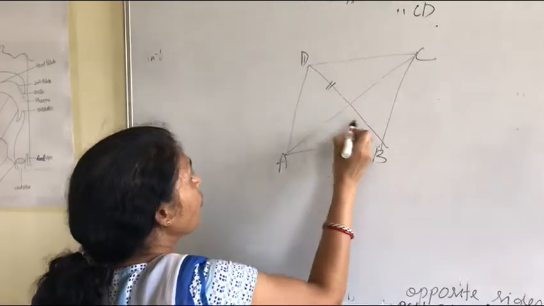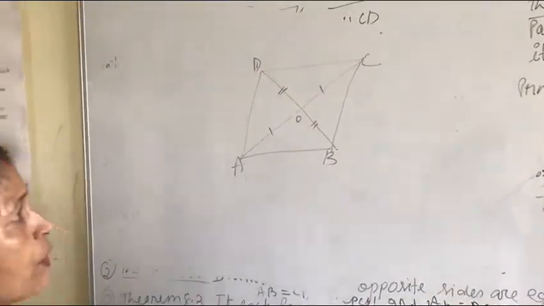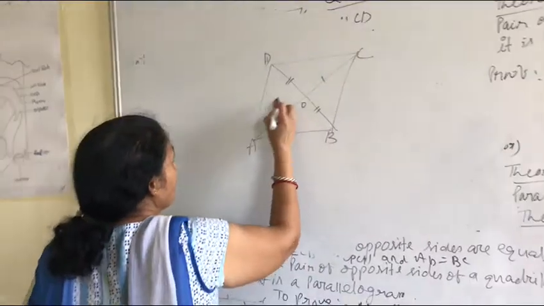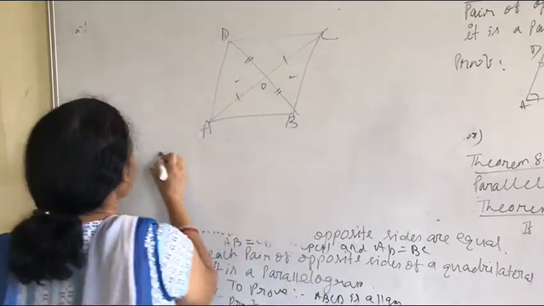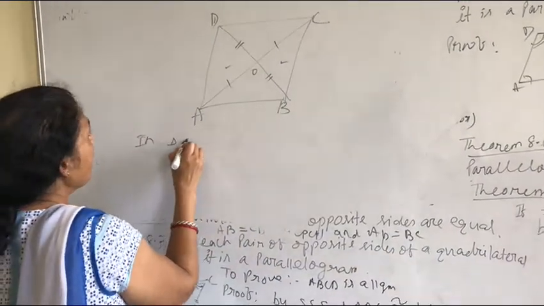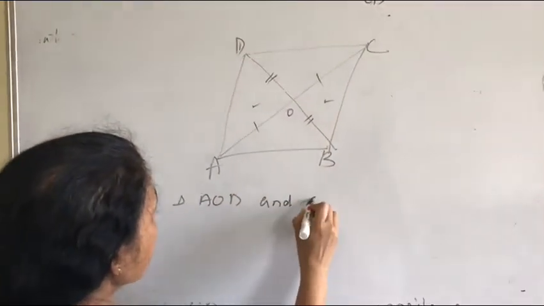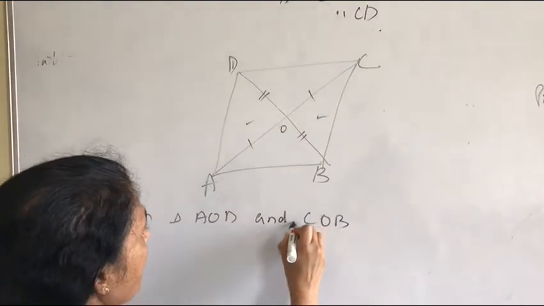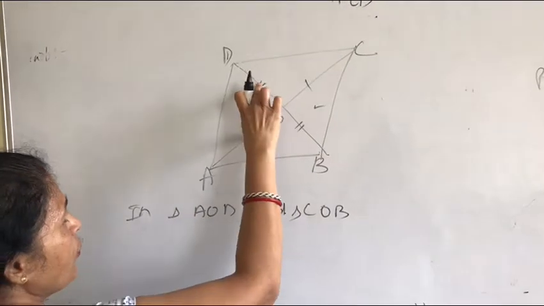You have to prove these two equal and these two equal. So take these two triangles, triangle AOD and COB, these two triangles you take, we have to prove this.